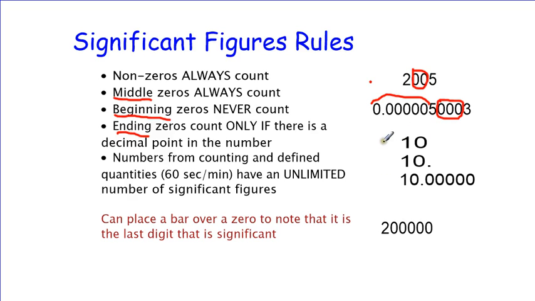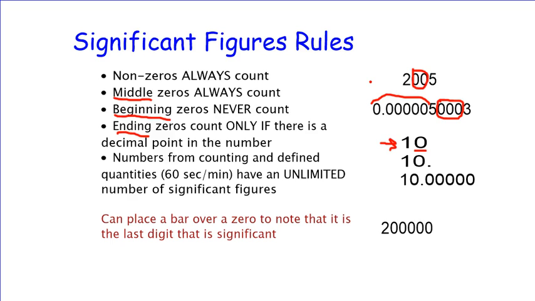For example, the first 10 here, that 0 is at the end of the number. There's no non-zero number beyond it. But there's no decimal point in the number, so that ending 0 would not be significant. The 1 is a non-zero number, so it is. That 0 is an ending 0 with no decimal point in the number.